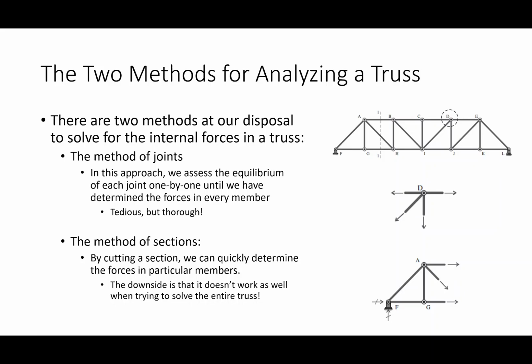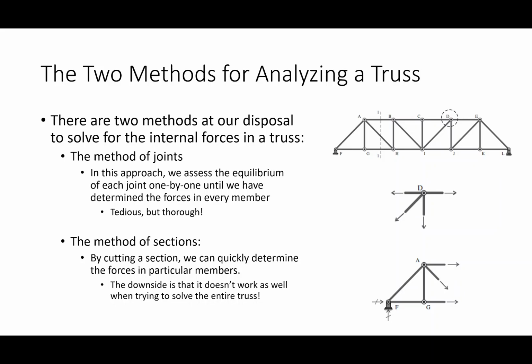Probably remember this, right? Now, as structural engineers, if you ask me which method is more important for, I don't know, your career, I would honestly say the method of joints, because more often than not, when we're analyzing or designing a truss, we're ultimately going to need the forces in every member, not the forces in some of the members.